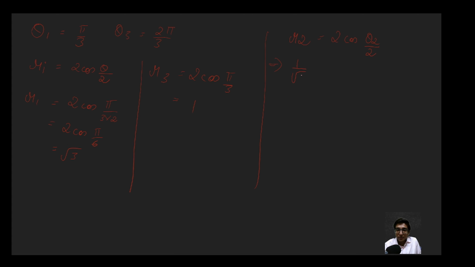So this becomes 1 by root 2 equals cos theta 2 by 2. And cos pi by 4 is 1 by root 2. So cos pi by 4 is equal to cos theta 2 by 2. That means theta 2 by 2 is equal to pi by 4, so theta 2 comes out to be pi by 2.